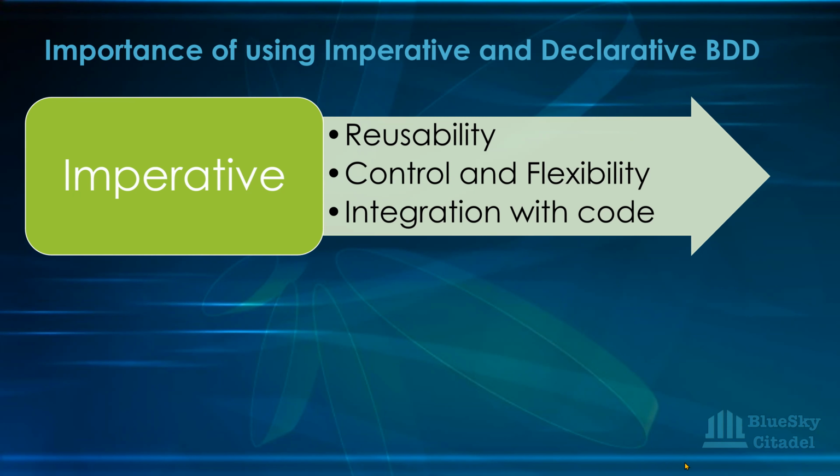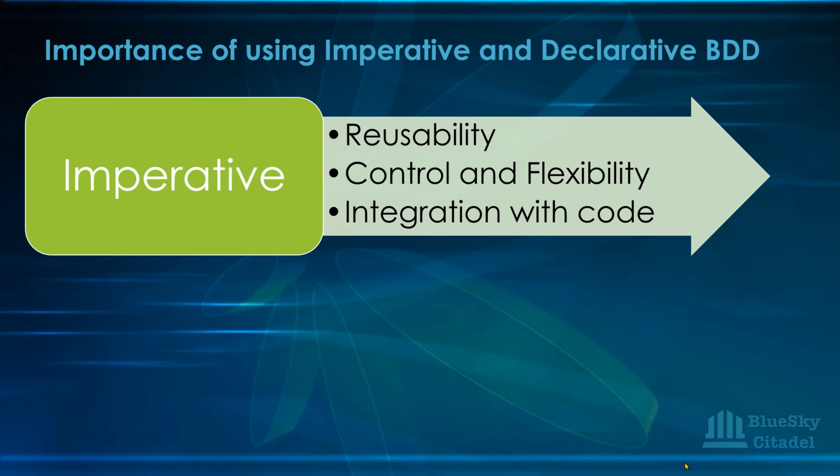So it gives you control and flexibility. You can manipulate, you can write as much as you want, you can write as little as you want. You can go all out and really explain the fine print within each of those scenarios using the imperative one.